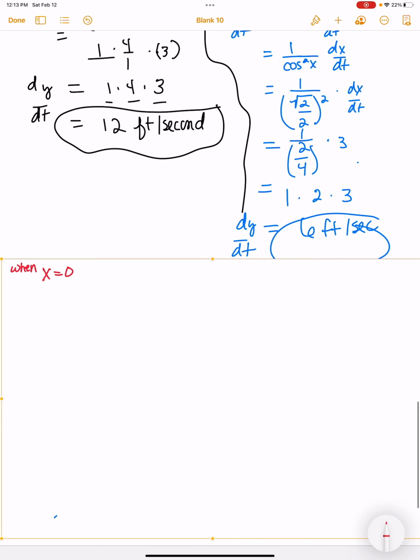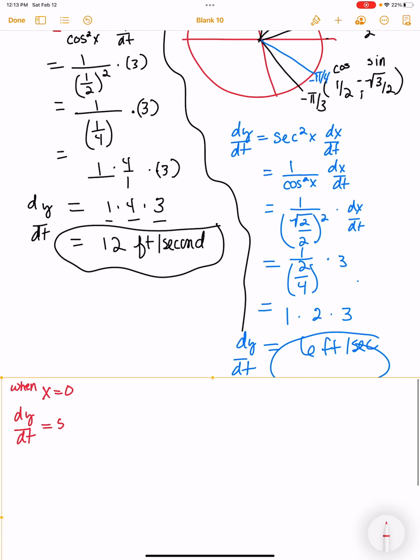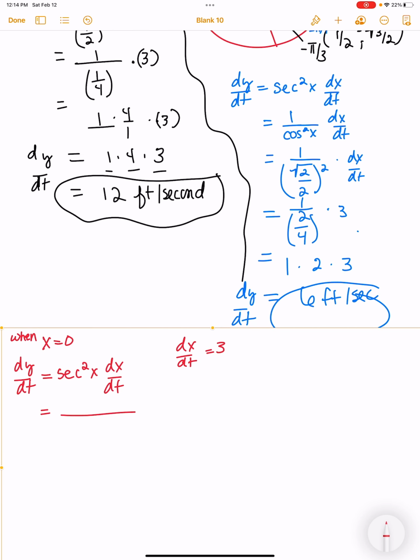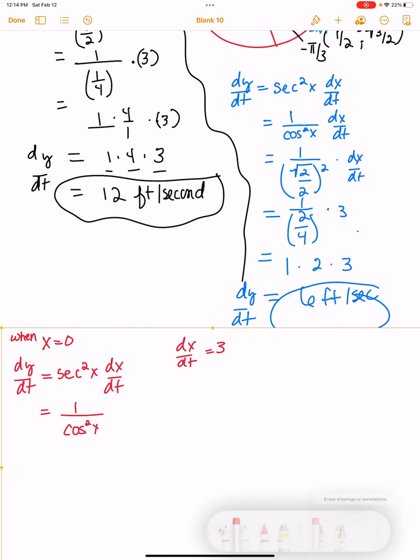And we have the same derivative. We have dy/dt equals secant squared x dx/dt, and dx/dt equals 3. So here we're just going to do 1 over cosine again. Well, what is our cosine here?